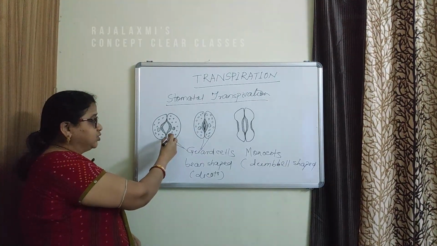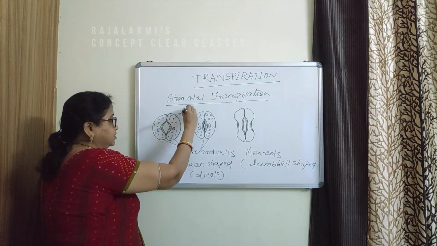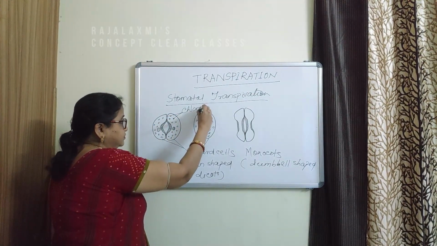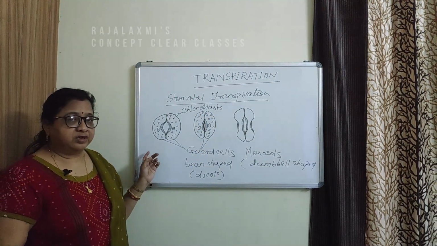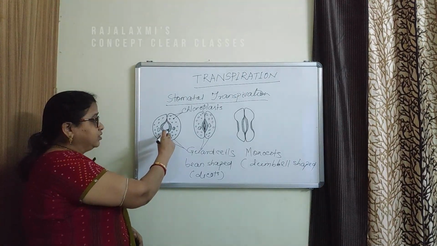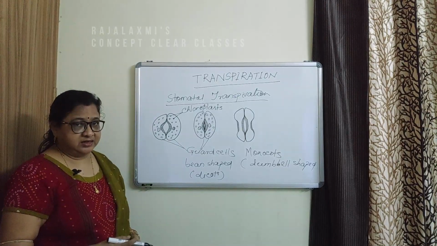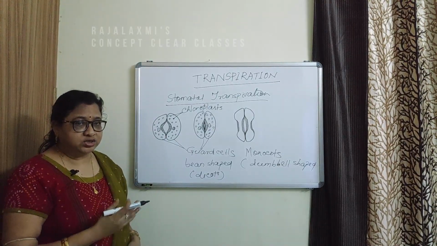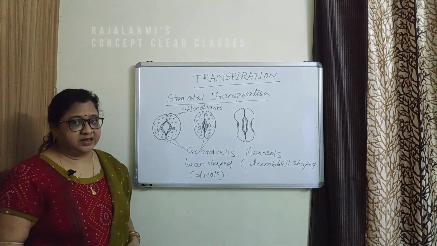The guard cells contain chloroplasts. These are the chloroplasts. While other epidermal cells do not contain chloroplasts. The inner wall of the guard cell is thick and inelastic, meaning it is difficult to stretch, and the outer wall is thin and elastic.